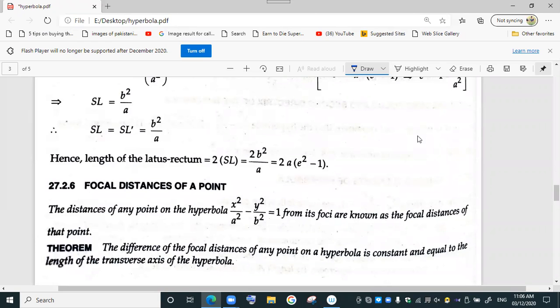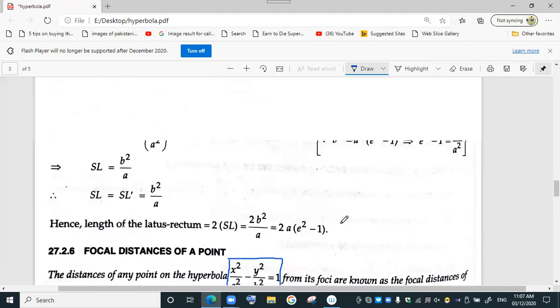And the equation of this hyperbola will be x square upon a square minus y square upon b square is equal to 1. In ellipse, it was plus. And there is a theorem: the difference of focal distances of any point on a hyperbola is constant and equal to the length of the transverse axis.